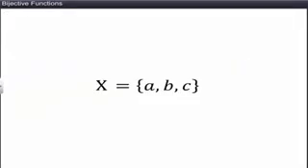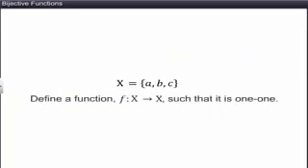Consider a finite set X with the elements a, b, and c. Let us define a function f from X to X such that it is a 1-1 mapping.